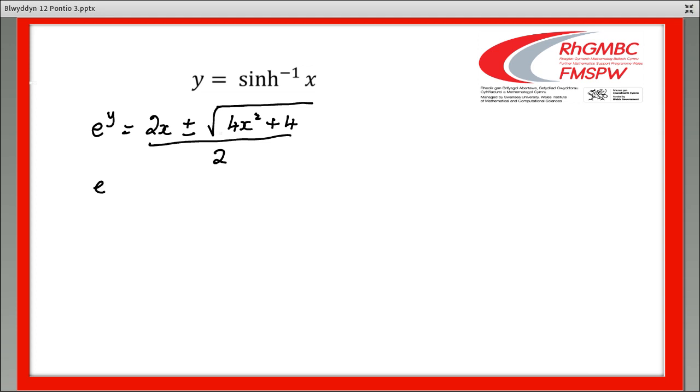So e to the y equals, I'm going to divide by 2. So 2 goes into 2x, just to leave x, plus or minus. When the 2 goes inside the square root symbol, it becomes 4. So that will leave me with the square root of x squared plus 1.